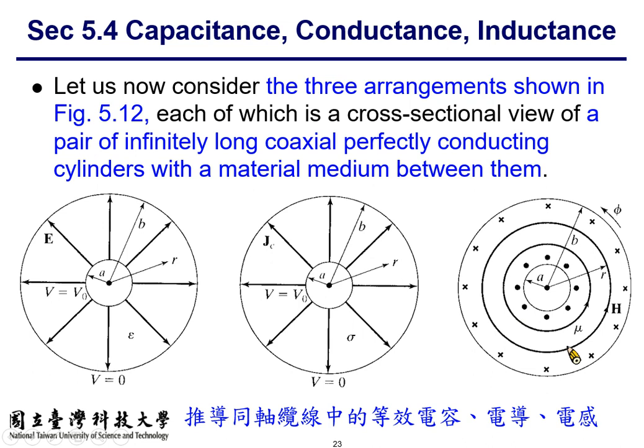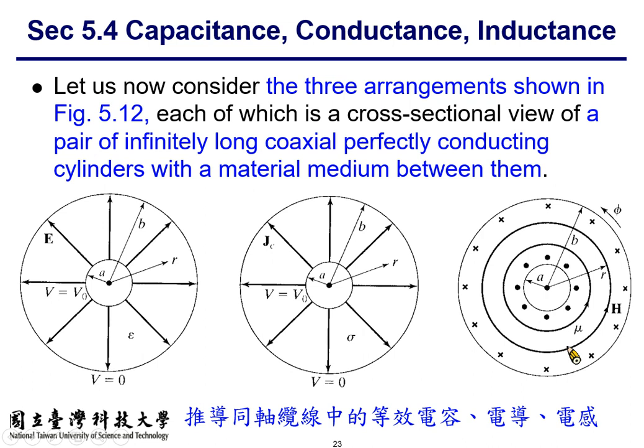So the rightmost one is for finding the inductance. And capacitance is related to what EM properties? Permittivity. Conductance is related to what? Conductivity. So inductance is related to what? Permeability mu. All right? And permeability mu is related to magnetic field.